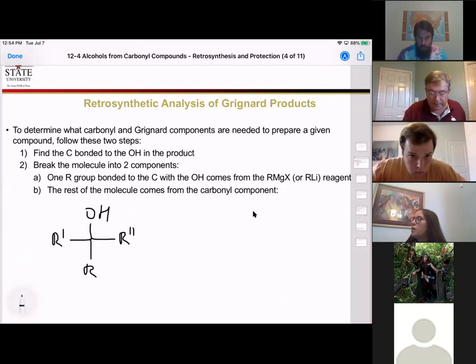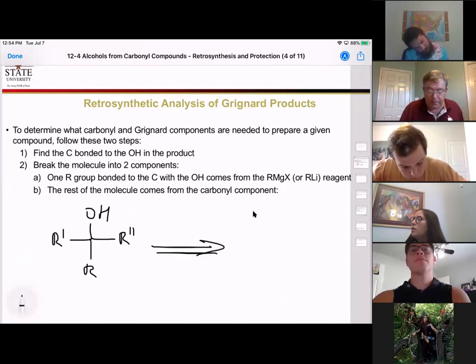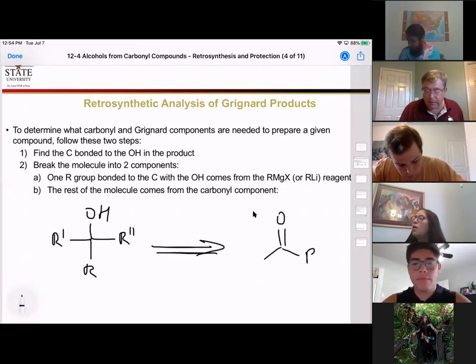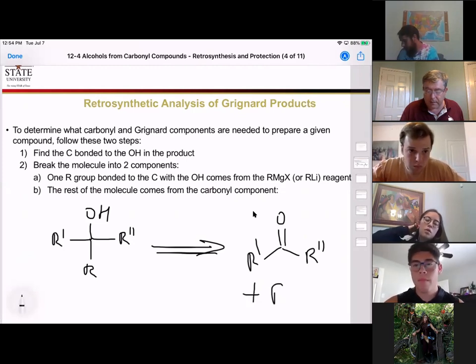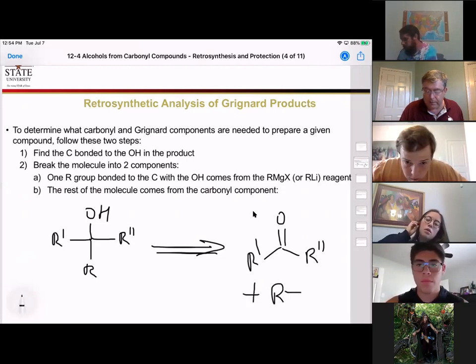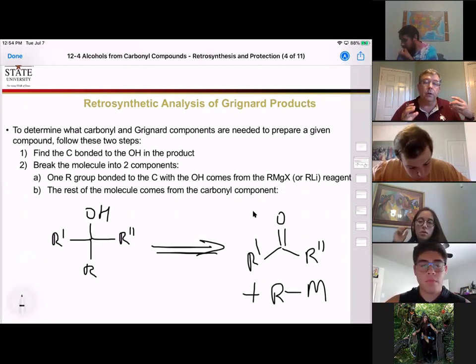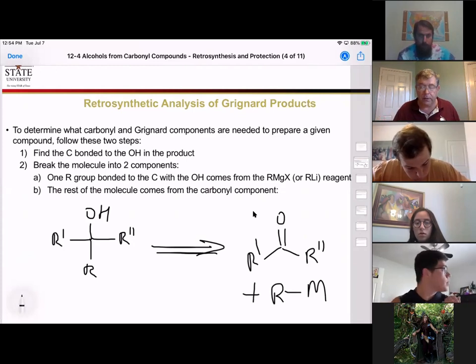So the idea is, what do we do to back up and say, oh, I had to start with this compound here plus our other compound as our organometallic here? What we're looking for is where to find the different reagents we'll need to use.